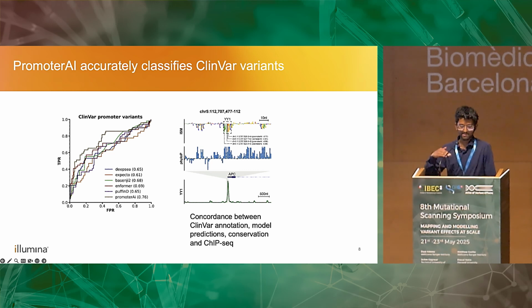The conservation peaks at the motif and then dies down at the flanks. And you'll also see that the ChIP-seq evidence for this protein actually binding there is quite high as well. There's a clear peak at this promoter across different tissues. So this is just to show that you can use these models in conjunction with other methods like conservation and biochemical assays to increase your chance of interpreting the variant correctly.